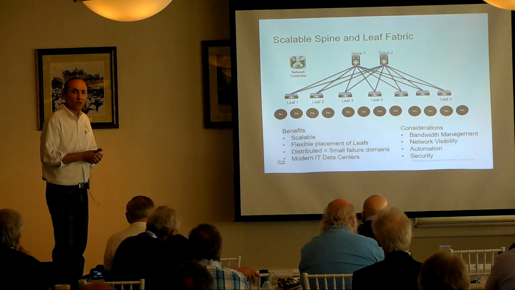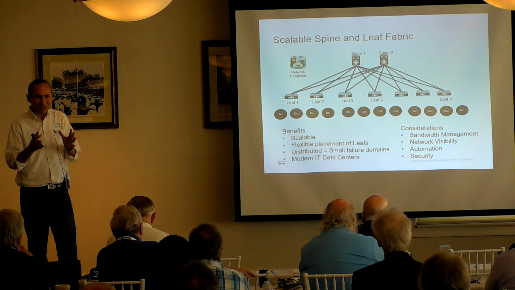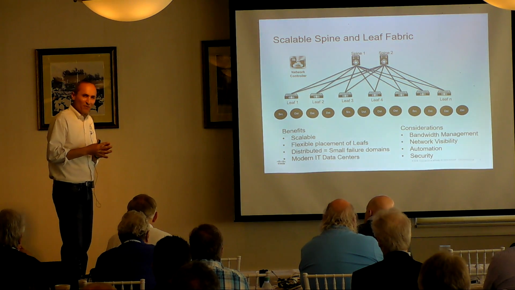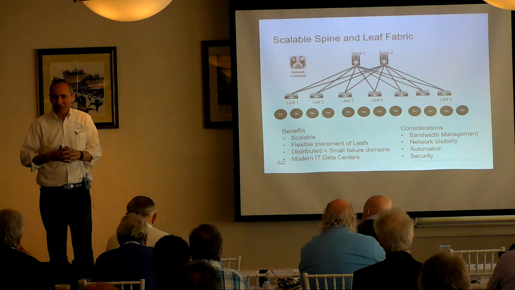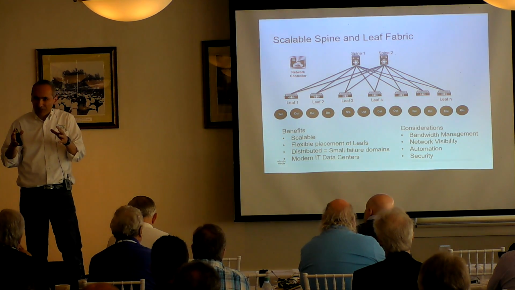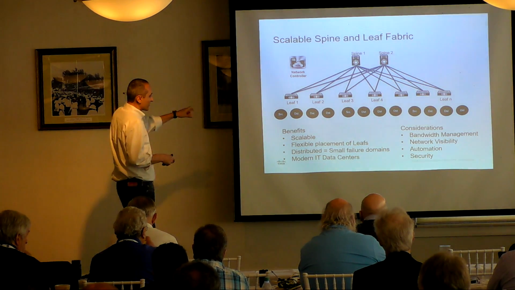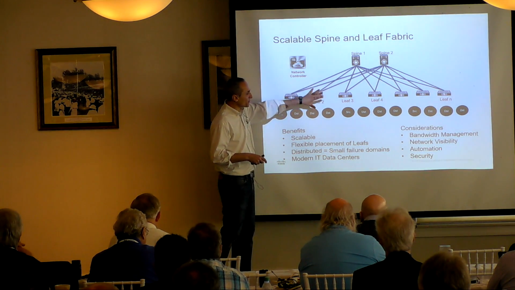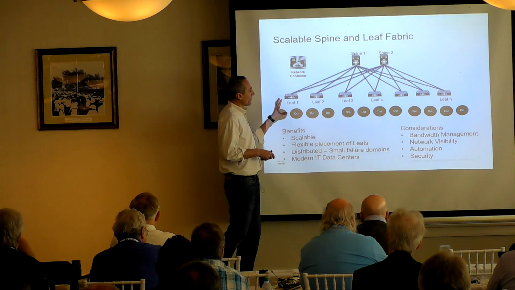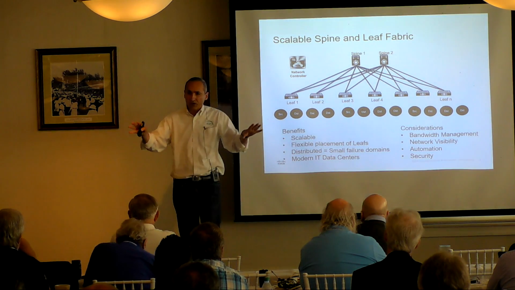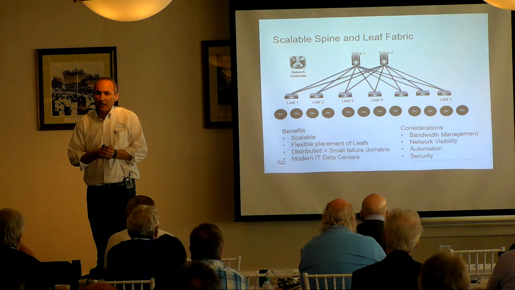But what are the considerations? The considerations are bandwidth management. That's what John was mentioning, ISO 6 and the bandwidth management, and I'll go into the detail. So bandwidth management, network visibility. Now you have to know where the flow is going through this mesh of links.